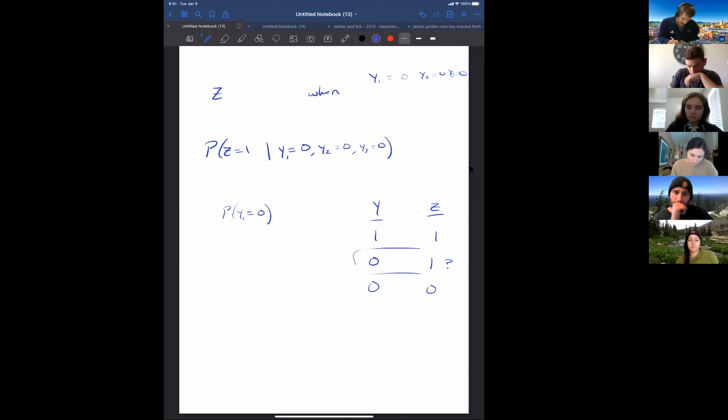Actually, we're interested in both these cases. If we go out to a site and it truly is there, what's the probability that we don't see it? And we have a name for this already in our model.